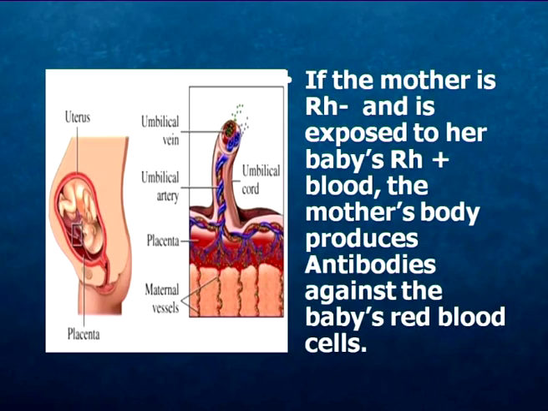If the mother is Rh negative and is exposed to her baby's Rh positive blood, the mother's blood produces anti-Rh antibodies, or anti-D antibodies, against the baby's red blood cells. Now look at this. The problem is only when an Rh negative mother conceives an Rh positive baby.